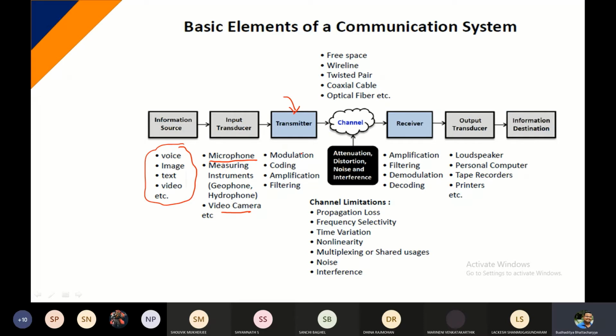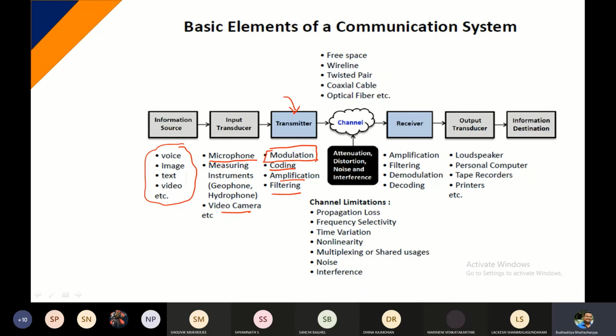Because you can observe these terms, I don't know how many of you have heard this before: modulation, coding, amplification, filtering. All these processing elements come one by one while you are transmitting the signal. Now, what modulation is, is what we will study in the next slide.